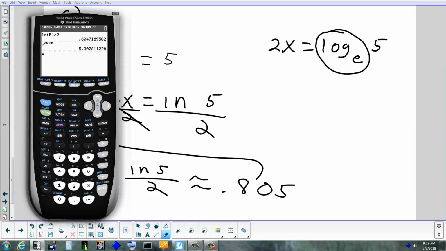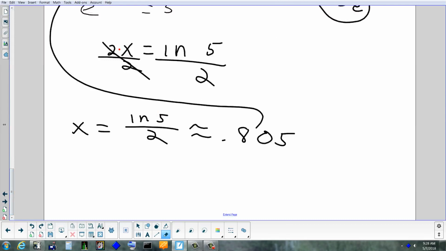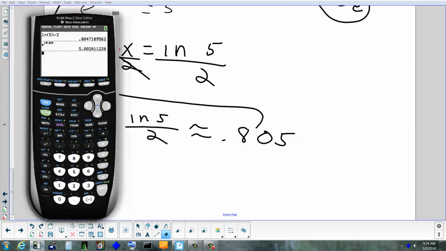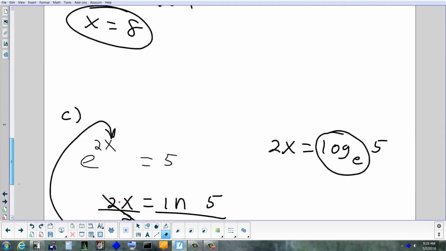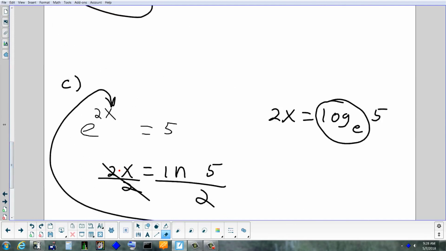I was supposed to get 5. How come my answer is a little bit off? What's a little bit off there? Yeah, I rounded. The exact answer is not 0.805. That's a rounded answer. Okay, but since I plugged it back in and it's pretty close to 5, which is what it was supposed to be, then I know it's right.